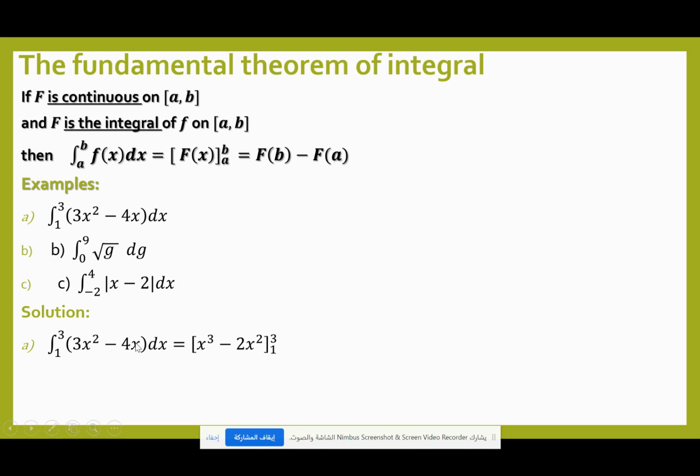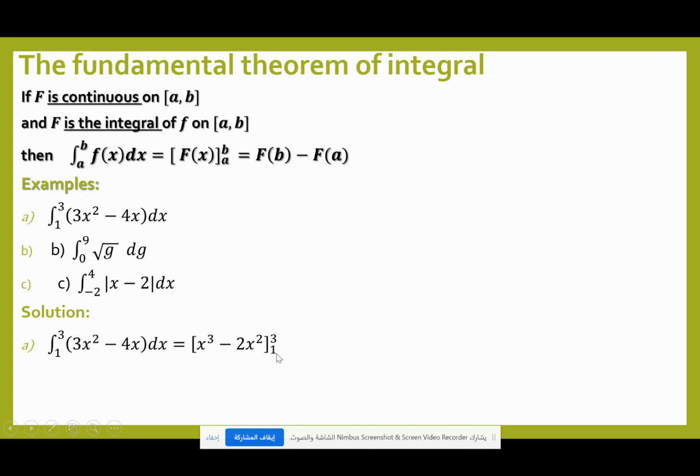Minus 4x: the power above x is 1. It is not written, but it is there. You add 1 and it will be 2, and divide 4 by 2 because 2 is the result of the addition. So 4 divided by 2 is 2.